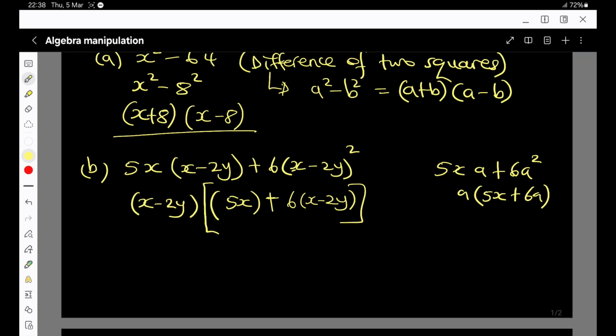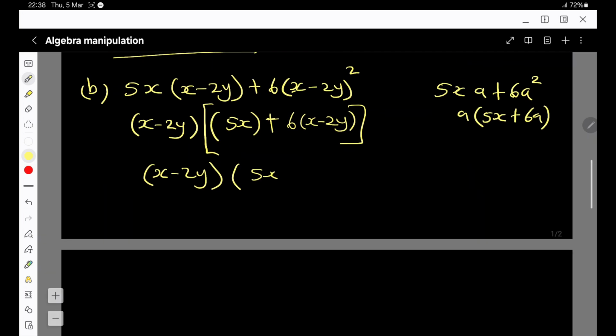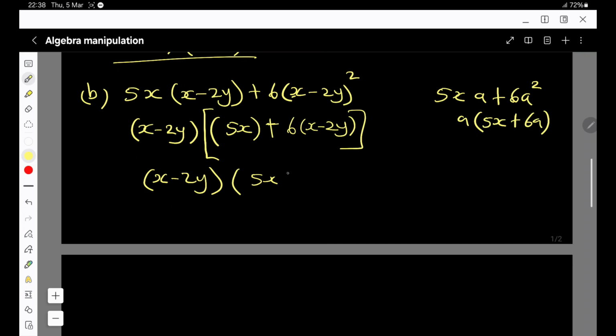And we can expand whatever is inside after here, so that we have x minus 2y outside into what is inside is what? Is 5x plus, open the bracket, 6 times x, that's 6x, minus 6 times 2, that is 12y.